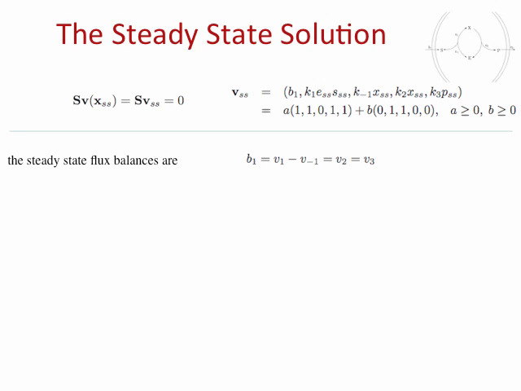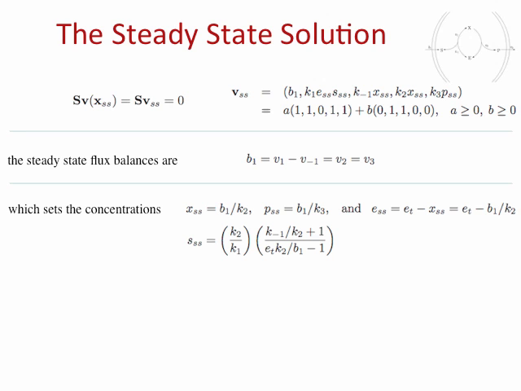In the steady state, we have a simple flux balance that is shown here. We can use this flux balance along with the steady state equations to derive the steady state concentrations of all the four compounds. And they are shown here by these algebraic expressions. This takes a little bit of time to work out, but it's not too difficult.